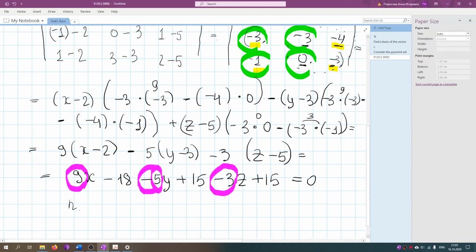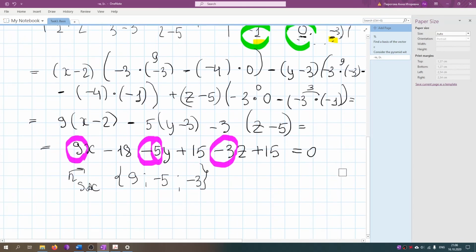So we can write that the normal vector to the plane SAC will have coordinates 9, -5, -3. So we got the coordinates of the second vector, which we needed.